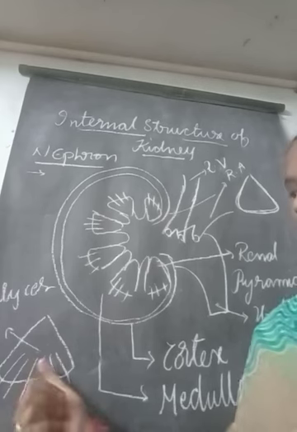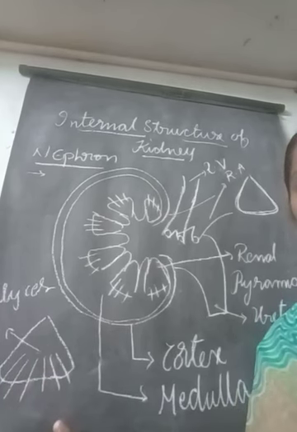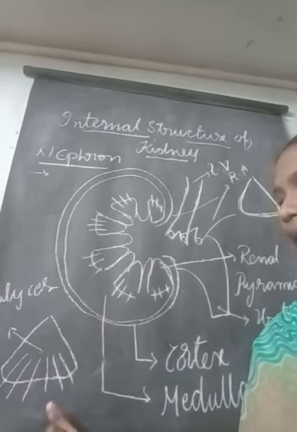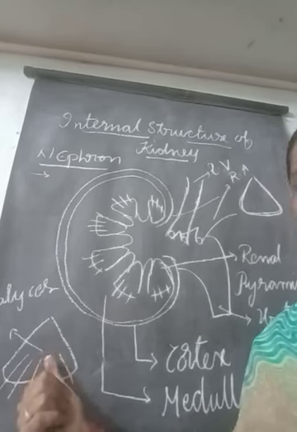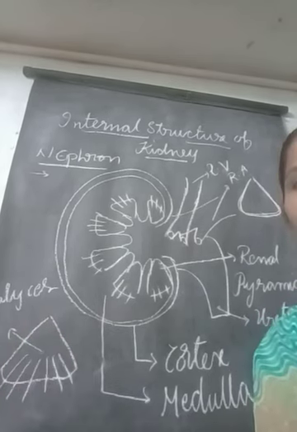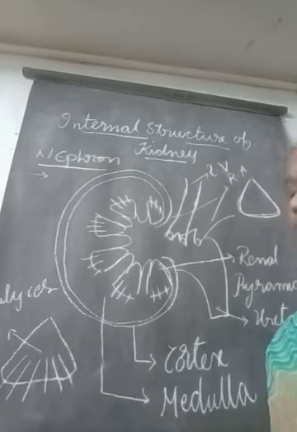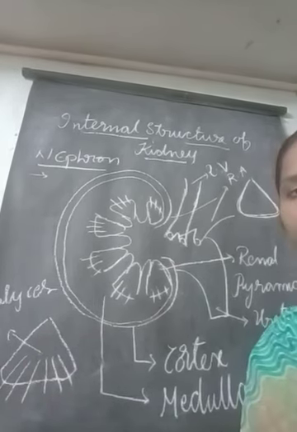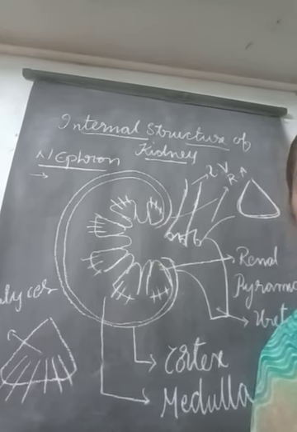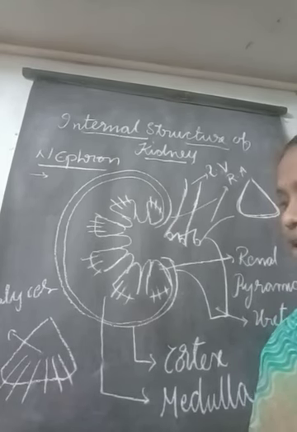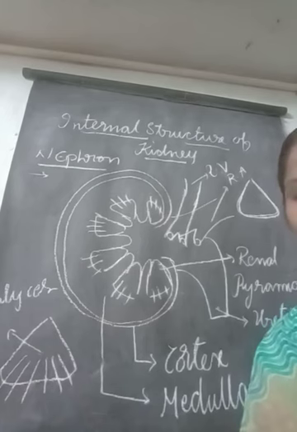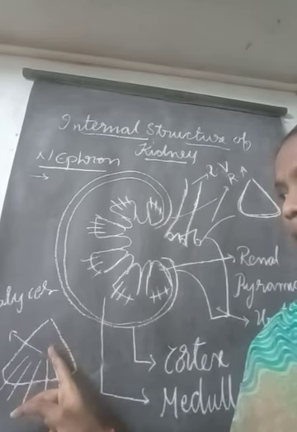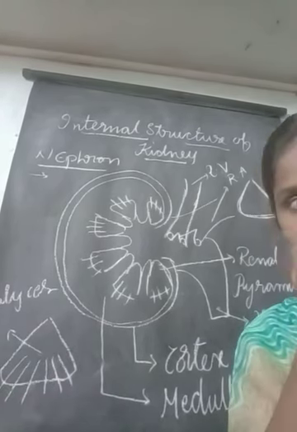All the nephrons open into the renal pyramid at a particular portion called calyces, C-A-L-Y-C-E-S.